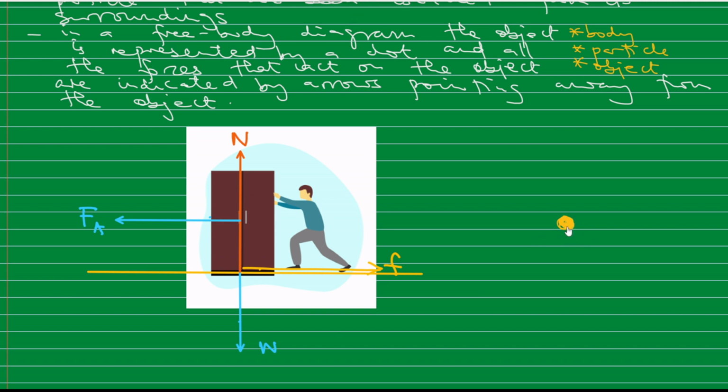So I have to draw a force acting downward, which is the weight, using a straight line, and there is frictional force which is acting to our right, so we represent the frictional force acting in that direction, which is F. We have a normal force acting upward, so also show the normal force.